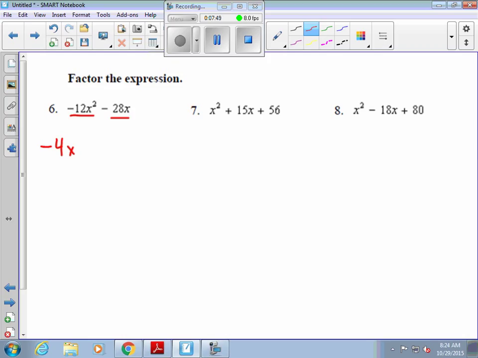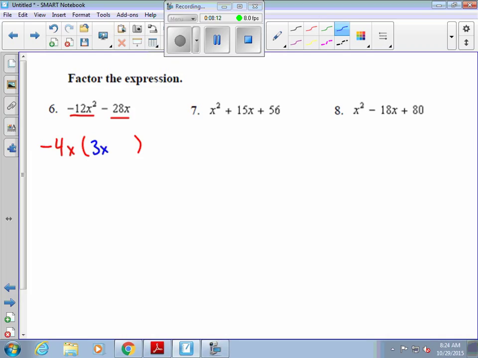So negative 4x. And then open up a set of parentheses. What you're doing is you're distributing in reverse. And you're asking yourself, negative 4x times what gives you negative 12x squared? If you multiply 3 times negative 4, you get negative 12. And if you multiply x times x, you get x squared.